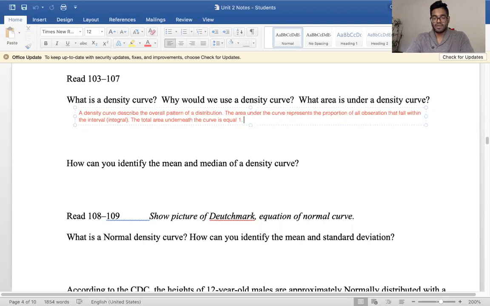And in terms of, if you're going to graph a distribution, it is always located on or above the x-axis. So just don't draw below the x-axis. I don't know why you would, but yeah.